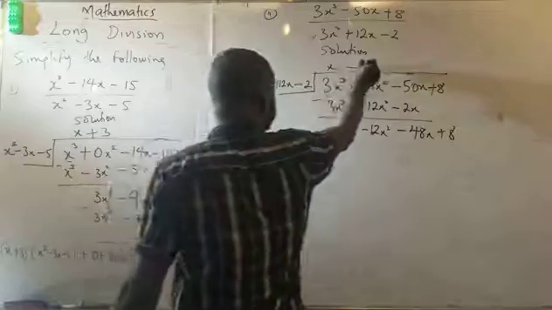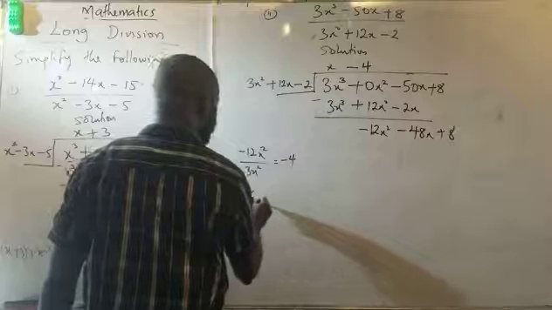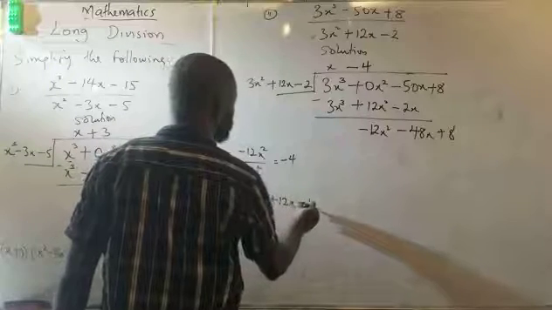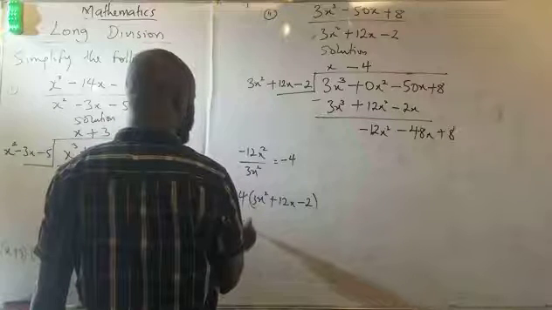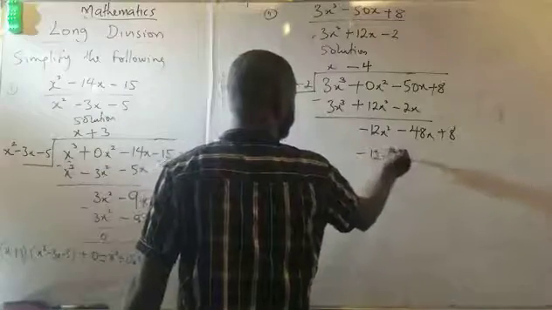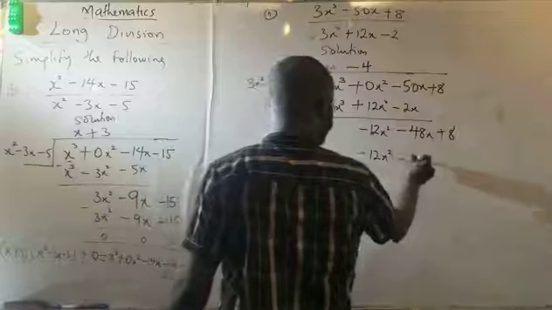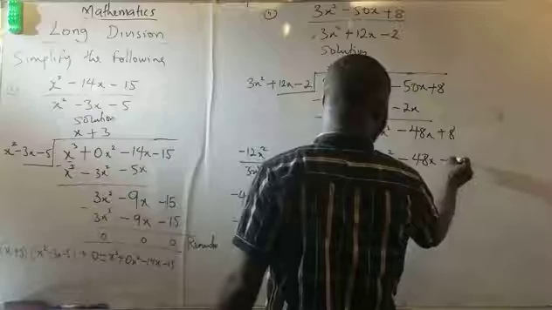Now minus 4 will be written here. Minus 4 bracket of 3x squared plus 12x minus 2, which will give us what? Minus 12x squared, minus 48x, and plus 8.